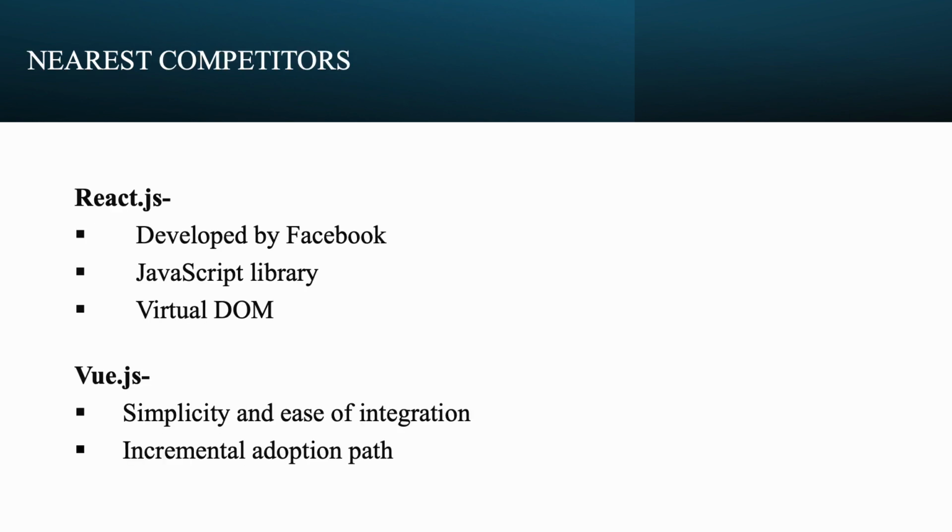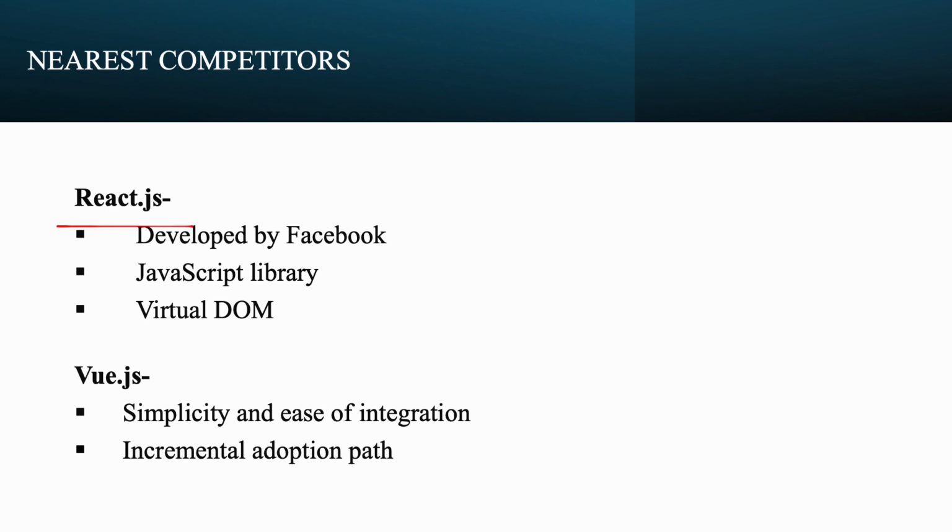So coming to the next slide, nearest competitors. While Angular has long dominated the field, React and Vue emerge as its nearest competitors, each offering unique strengths and innovations. So let's explore them a little bit. So coming to React.js, it has been created by Facebook. It offers a robust solution for UI development with its component-based structure, virtual DOM, and exceptional performance.